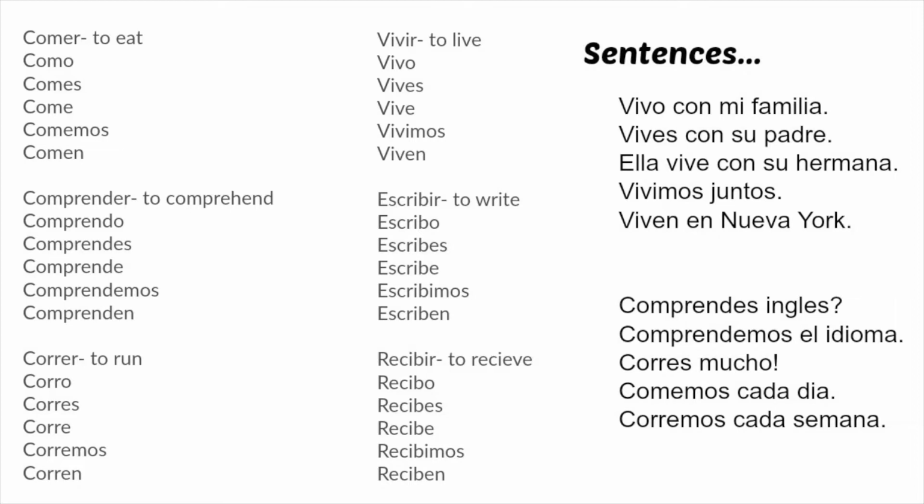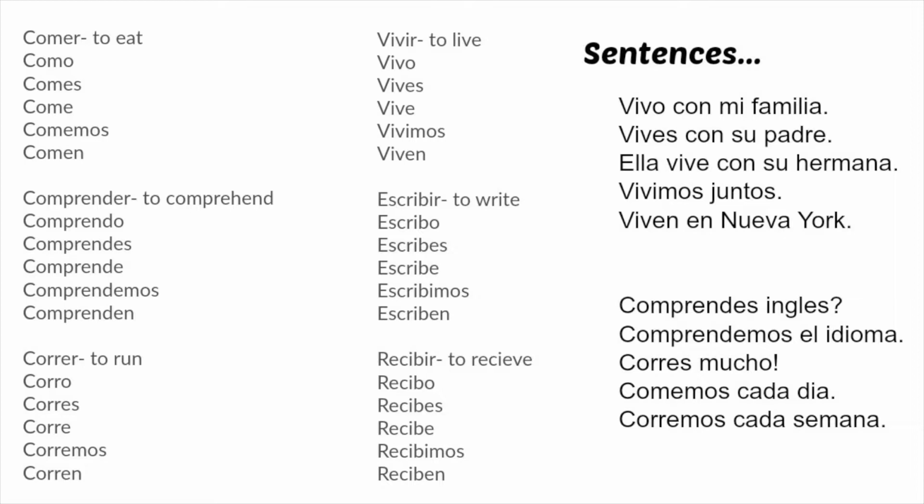So you see how the emos part is going to pair up with comer because it's an ER verb. Okay? Under it we have comprender, to comprehend. Comprendo, I comprehend. Comprendes, you comprehend. Comprende, he or she comprehends. Comprendemos, we comprehend. Comprenden, they comprehend.